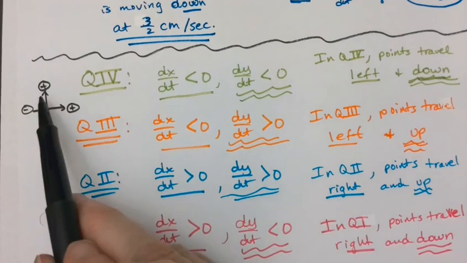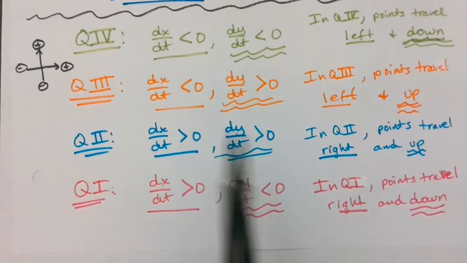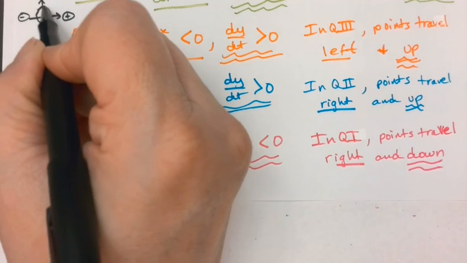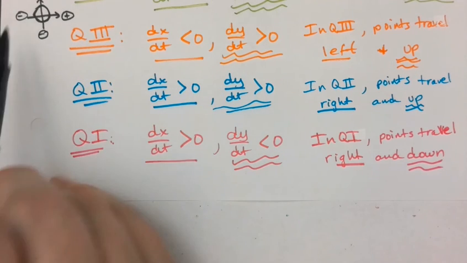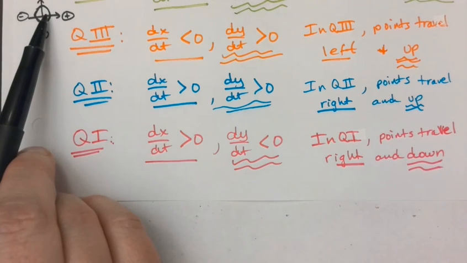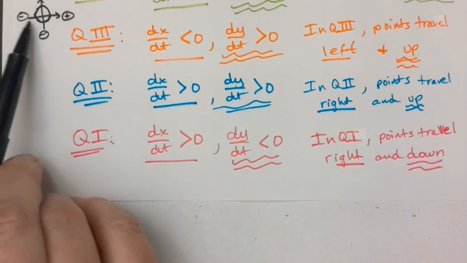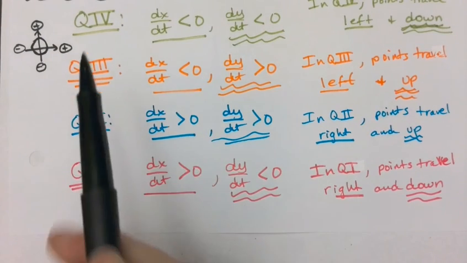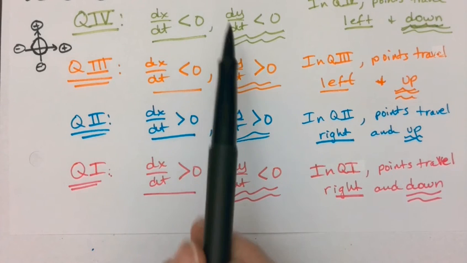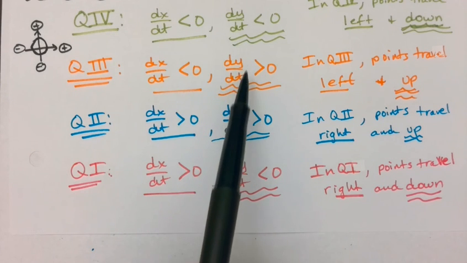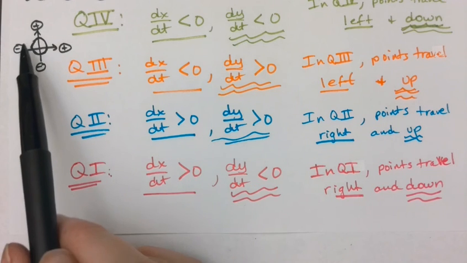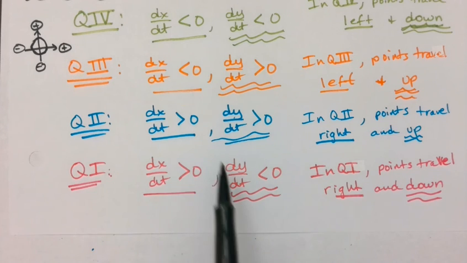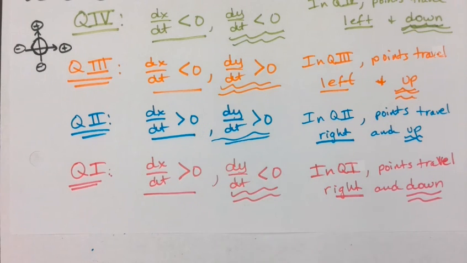So if you're moving to the right, say down here in quadrants 2 and 3, because you're traveling around in a circle, your dx/dt will be positive. If you're moving to the left, your dx/dt will be negative. If you're moving up, your dy/dt will be positive, in these two quadrants, 3 and 2. But if you're moving down, like in 1 and 4, then dy/dt is negative.